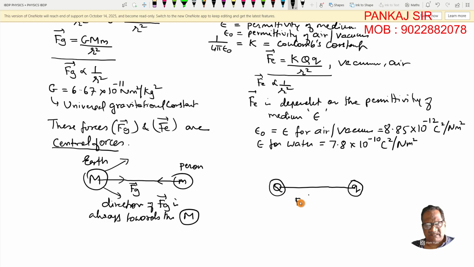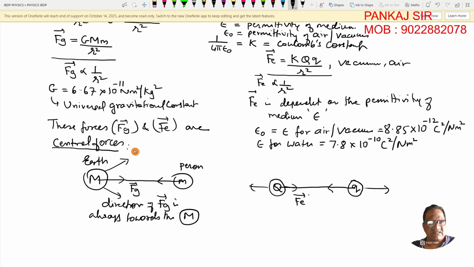The electrostatic force will always be along the line joining the centers of these two charges. When you join the centers by a straight line, the electrostatic force, either of attraction or repulsion, will be along this line only. If it is repulsion, it will be along this line in this direction. If it is attraction, again it will be along this line only. So this is the meaning of central forces.